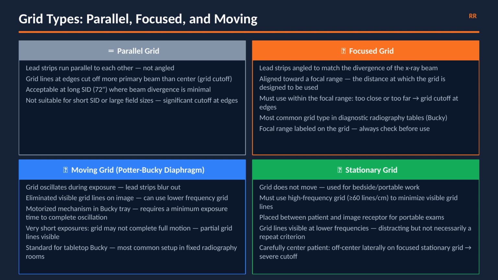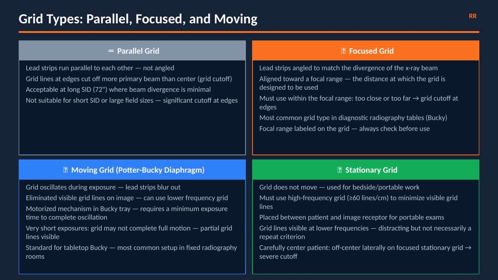Not suitable for short SID or large field sizes. Focused grid, lead strips angled to match the divergence of the X-ray beam at a specific distance, the focal range. The grid is designed to be used within its labeled focal range. Too close or too far, and grid cutoff occurs at the image edges. Most common grid type in diagnostic radiography tables.